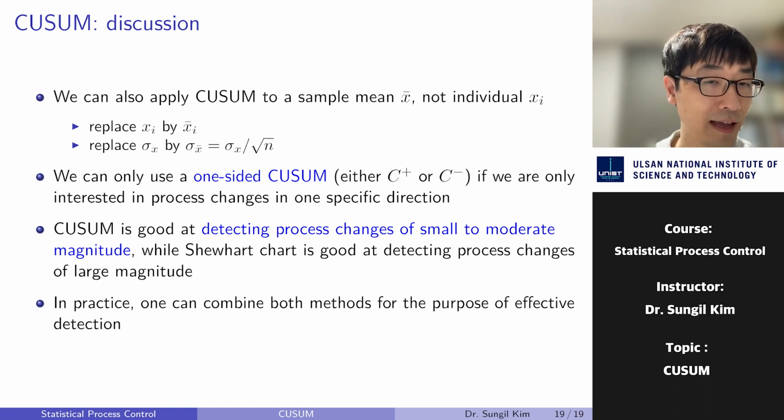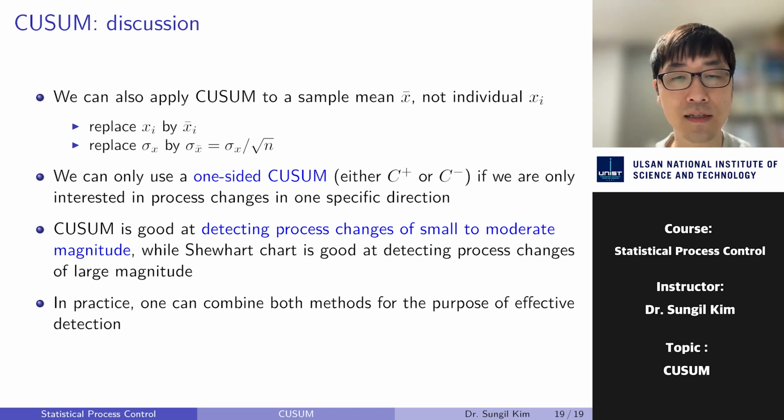QSUM is good at detecting process changes of small to moderate magnitude, while the Shewhart control chart is good at detecting process changes of large magnitude.